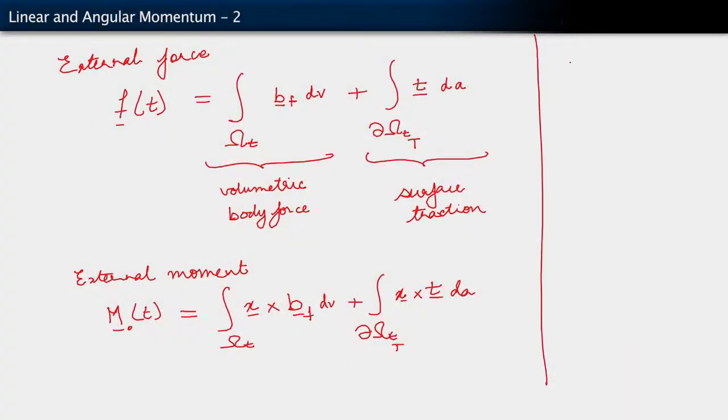So we have this, and essentially the relation between the rate of change of linear momentum and the force is that the rate of change of linear momentum is equal to this force. So what we see here is, maybe I draw a line here, that we have L dot as a function of time equals this force as defined here.